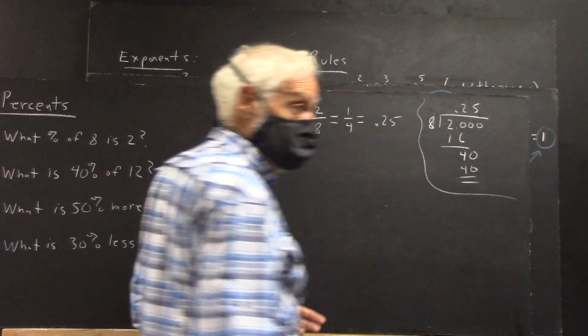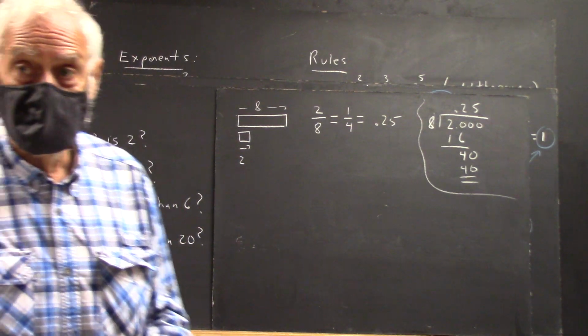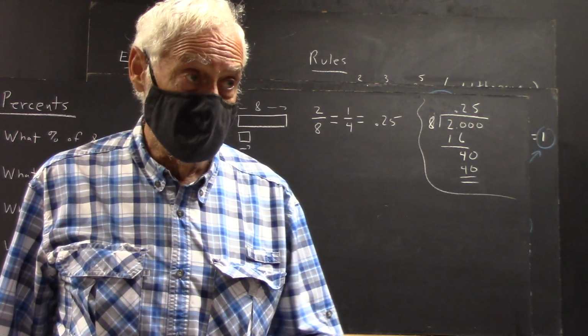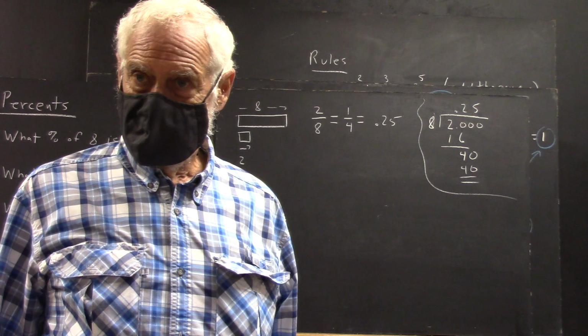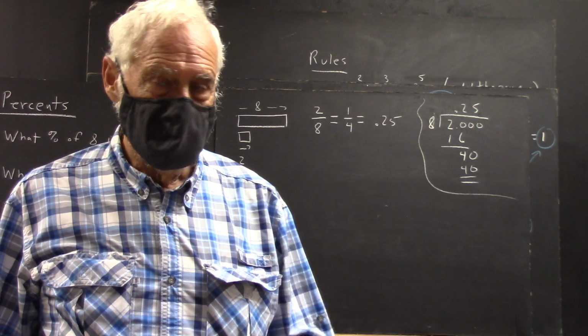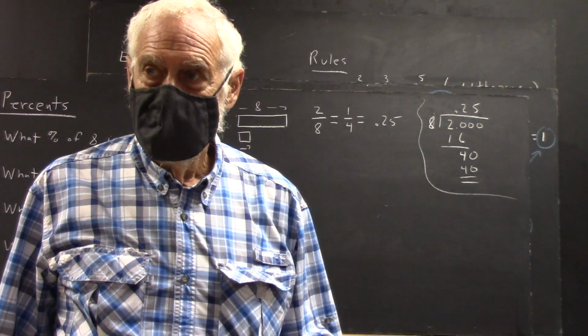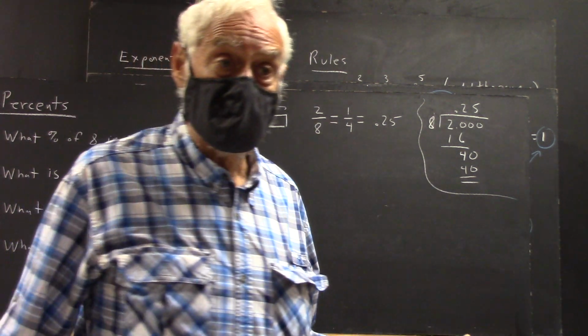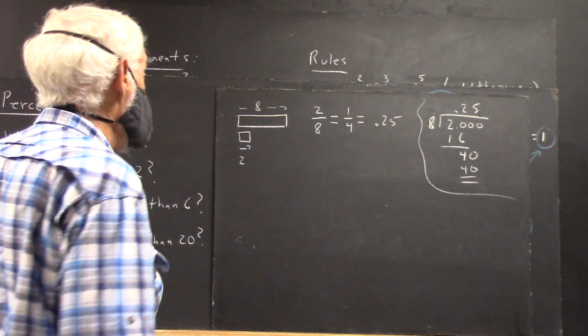You want to understand it, because to understand functions, you got to understand the numbers, percents, fractions, and again, in preparing for pre-calculus, which is your goal here, you're going to have to understand long division. Okay, so there it is.